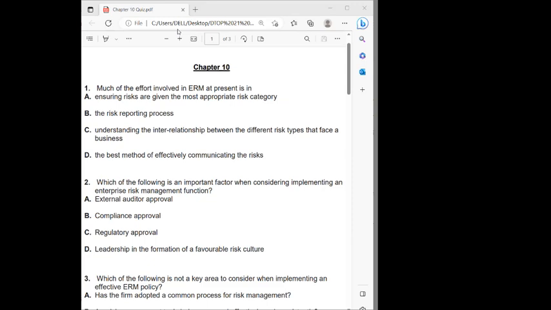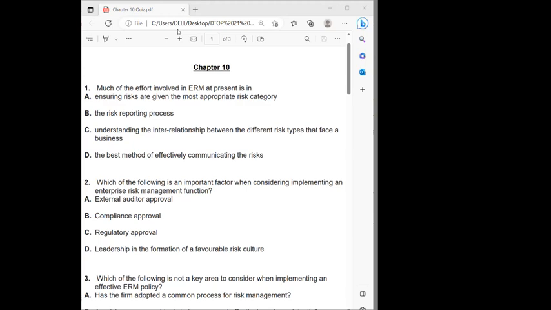The question is, much of the effort involved in ERM at present is, ERM is Enterprise Risk Management. Ensuring risks are given the most appropriate risk category, the risk reporting process, understanding the interrelationship between the different risk types that face a business, the best method of effectively communicating the risk.